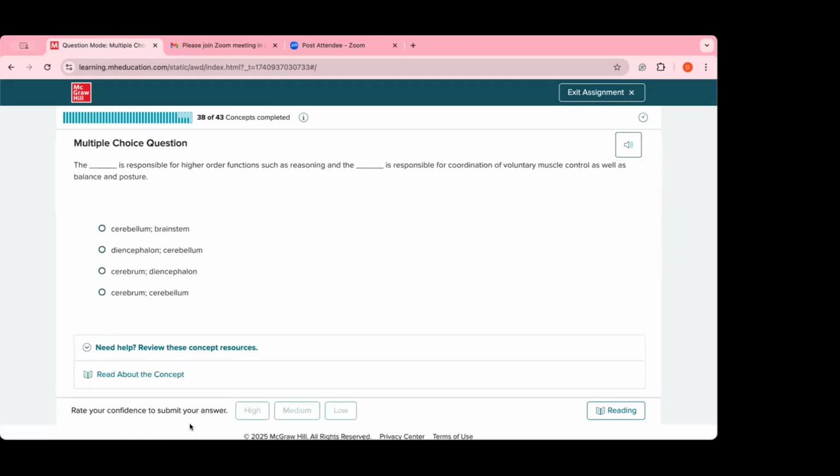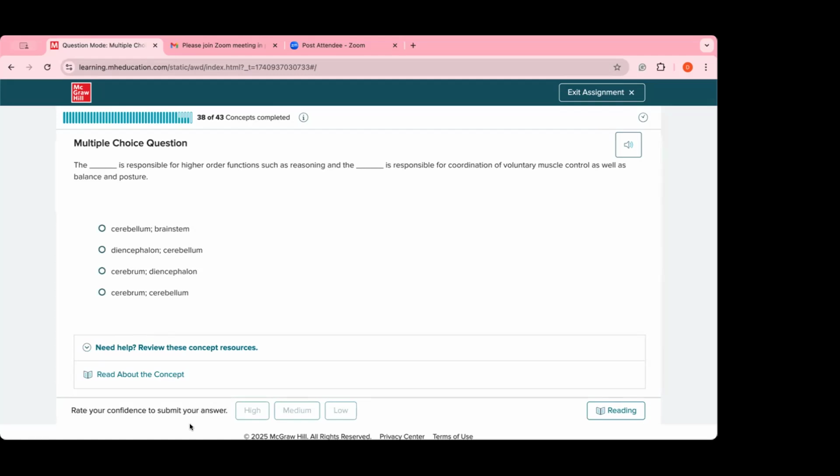The blank is responsible for higher order functions such as reasoning, and the blank is responsible for coordination of voluntary muscle control as well as balance and posture. Okay, this is about brain parts. So we haven't read it. So we need to read about it.